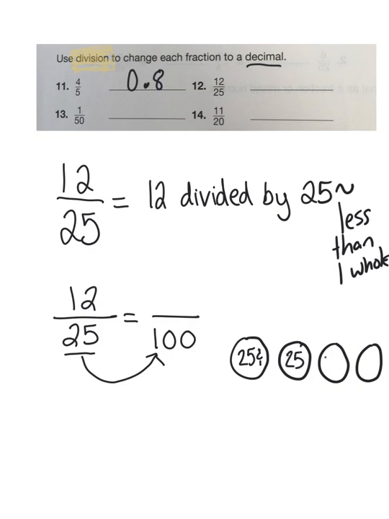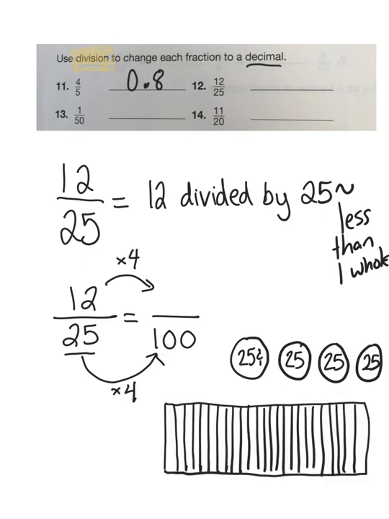You would have to multiply your 25 cents times 4. So we're going to multiply our denominator and our numerator times 4 to get an equivalent fraction. And the reason this is important is because we want this denominator of 100. That makes it easy to put our fraction in decimal form.